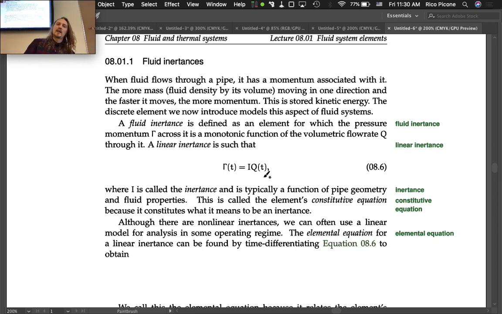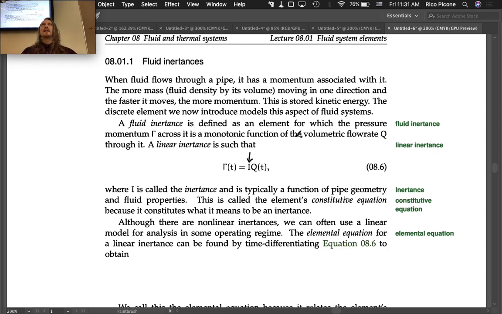A linear inertance is such that gamma is proportional to Q. So for an ideal or linear one, the function is just a linear function, where I is called the inertance and is typically a function of pipe geometry and fluid properties. This is called the element's constitutive equation because it constitutes what it means to be an inertance.